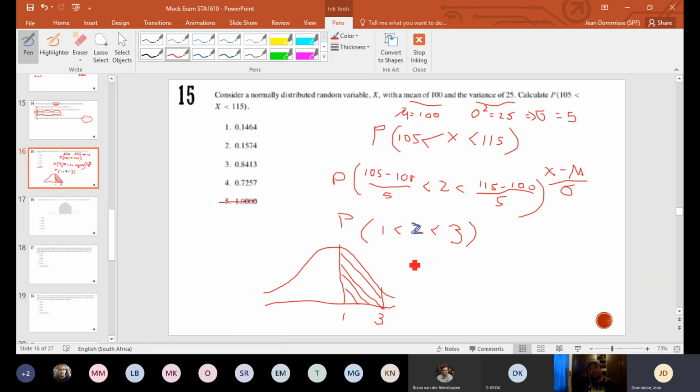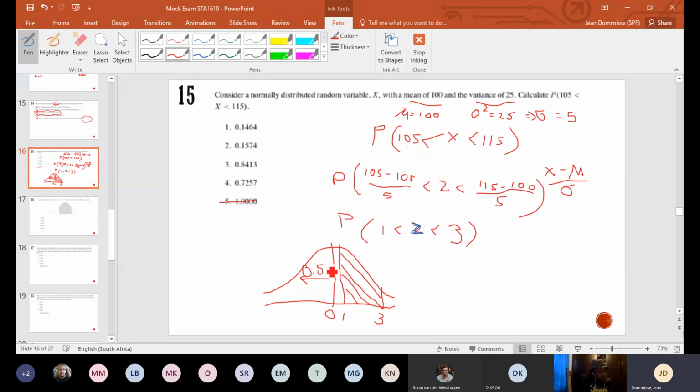It is definitely going to be smaller than 0.5, because if we look at the Z table, Z of 0 makes that part 0.5.